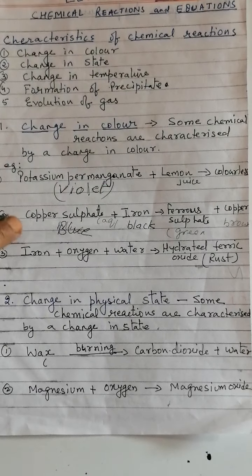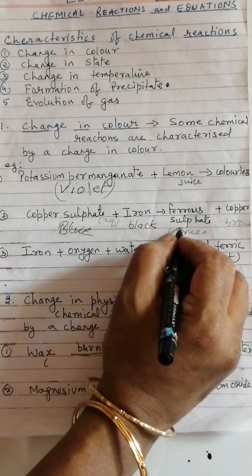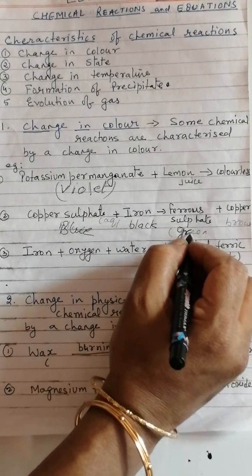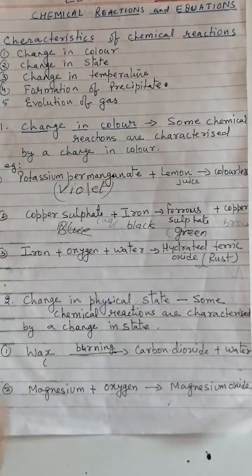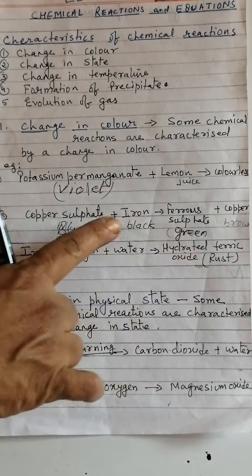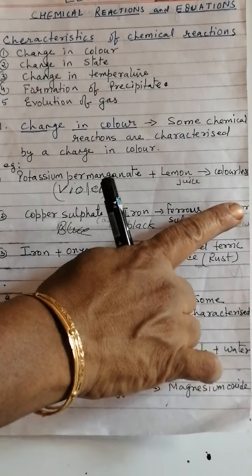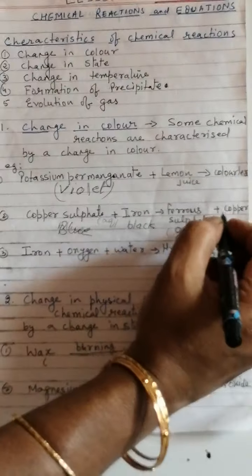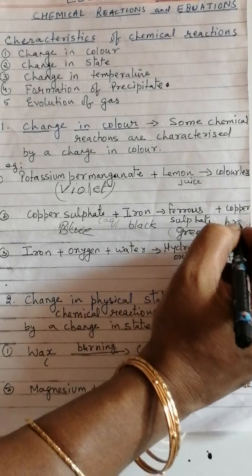Here, you can see the change of color from blue to green. The ferrous sulfate solution is green in color. At the same time, you can observe the formation of copper, which comes in the form of brown precipitate.